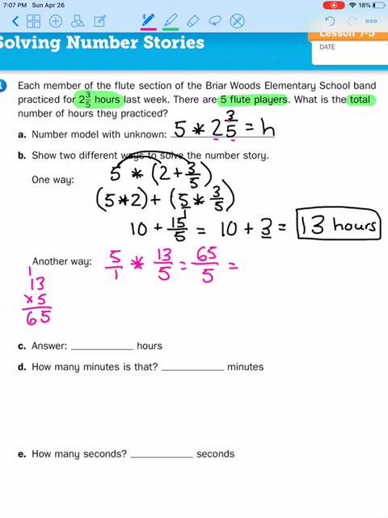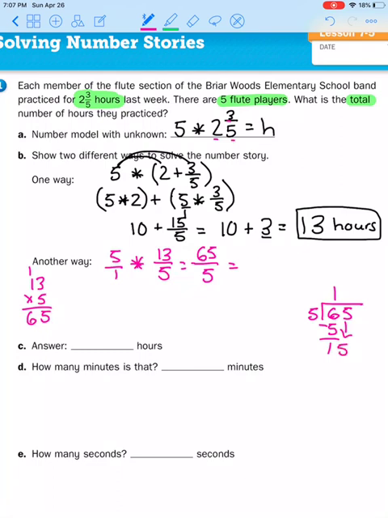Now, I already know 65 is a multiple of 5. So what times 5 would give you 65? And if I really wanted to, I could do division. What times 5 would get close to 6? 5 times 1 would give me 5, and I'm left with 1.